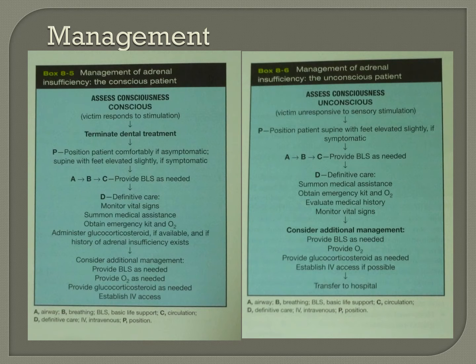Call medical assistance and bring the emergency kit, like oxygen, and administer glucocorticoid. If there is a history of adrenal insufficiency, then consider additional measures and give glucocorticoid. That means 10 milligram prednisone we can give, or give through IV.